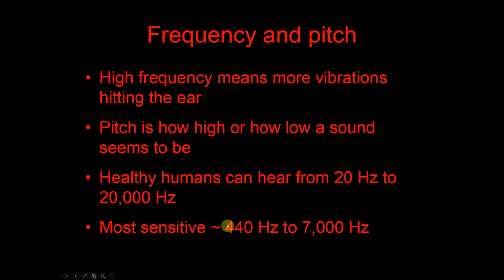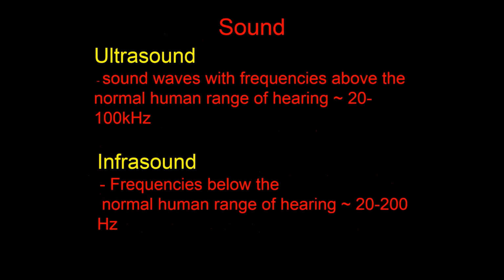But humans are most sensitive from about 440 Hz to about 7 kilohertz, 7,000 Hz. Ultrasound tends to sit at about 20,000 to 100,000 Hz. And infrasound, the other end of the spectrum, low frequency, would be 20 to 200 Hz.